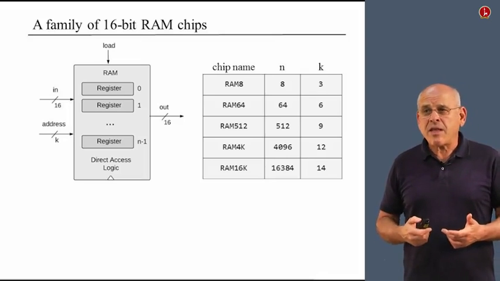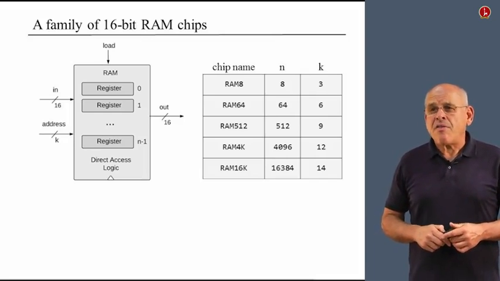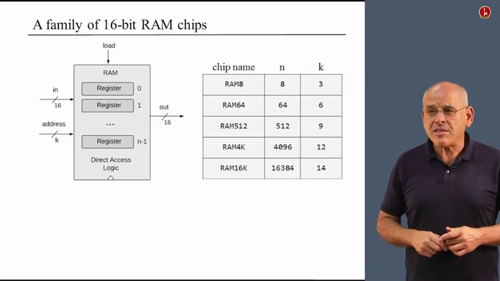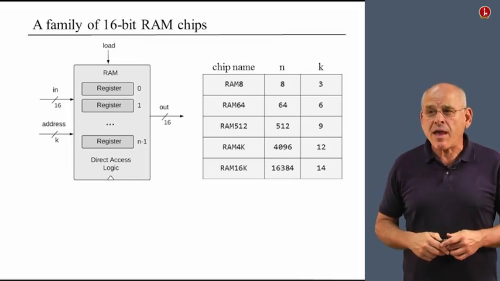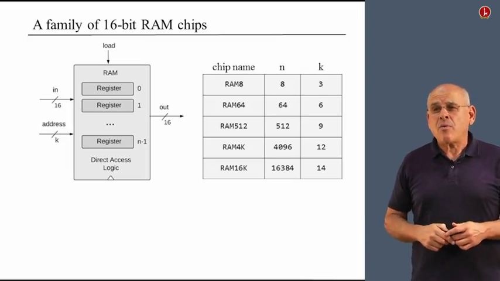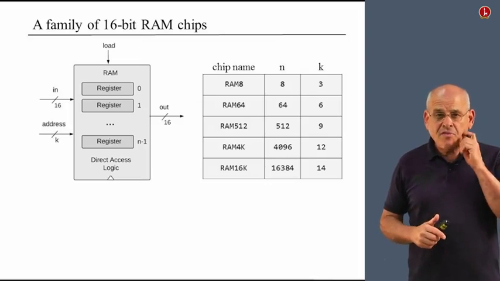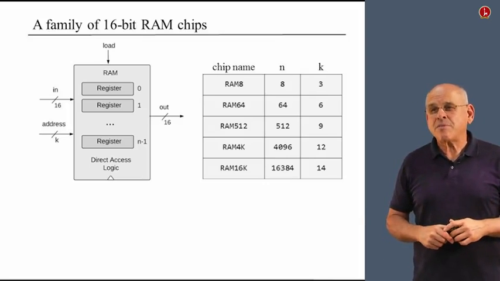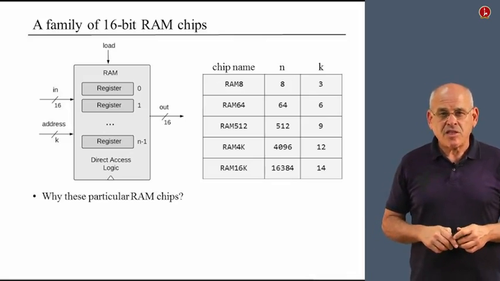RAM64 contains 64 registers and 6 address bits. Then we'll create RAM512, whose size is half K of registers, and then we'll continue with RAM4K and RAM16K, which is what we finally need for our Hack computer platform. So these are the 5 chips that we are going to build, and the construction of these chips is going to be surprisingly simple, as you will see in the next unit.